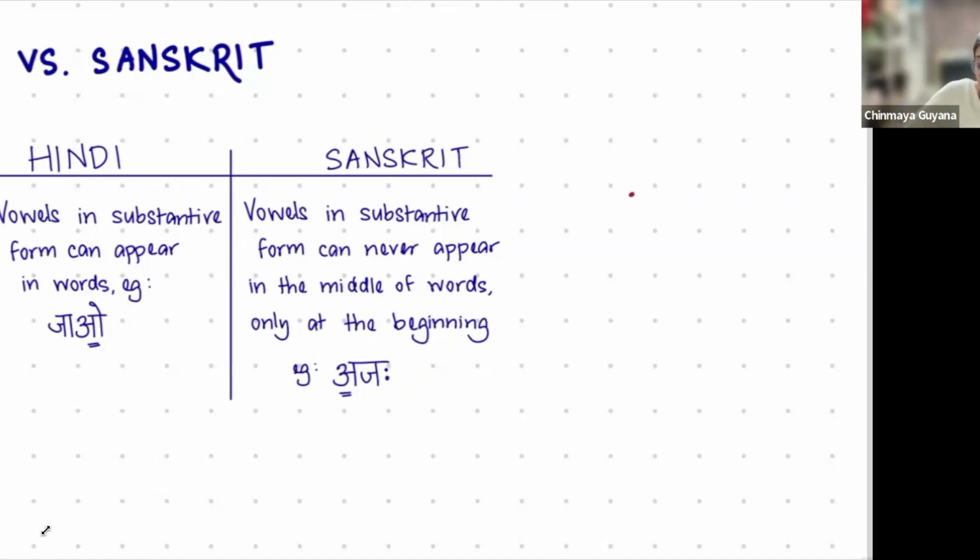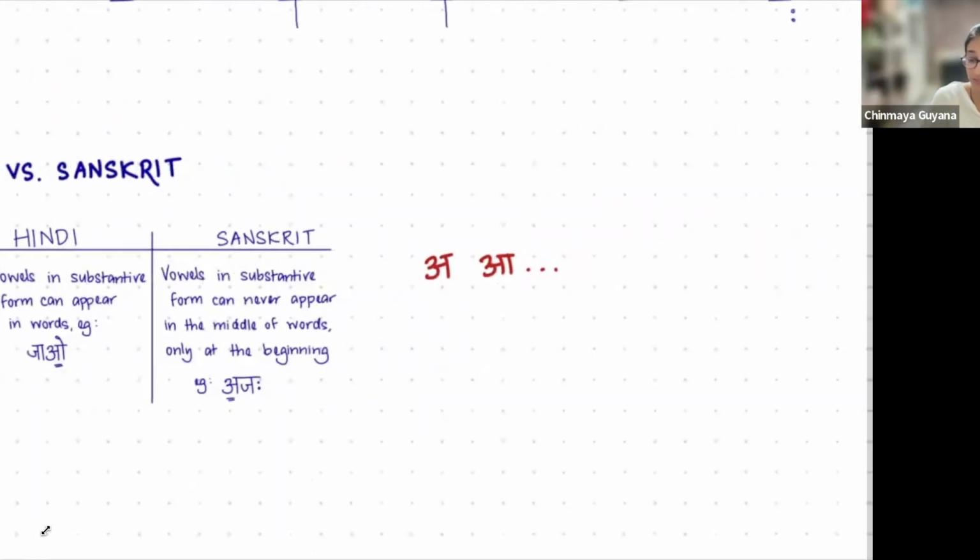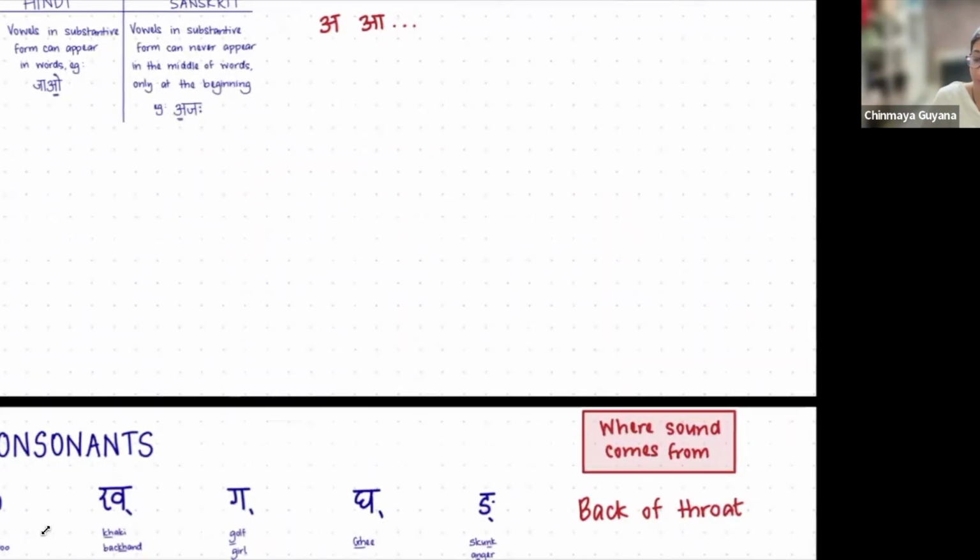Substantive form is this etc. Right? The full vowel. In Sanskrit, once you're in the middle of a word, it is only the vowel symbol that is used. You will never find 2 vowels next to each other in Sanskrit. So that's one key difference between the 2 languages.